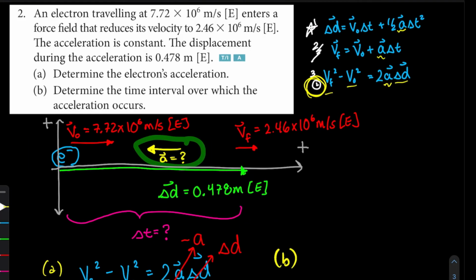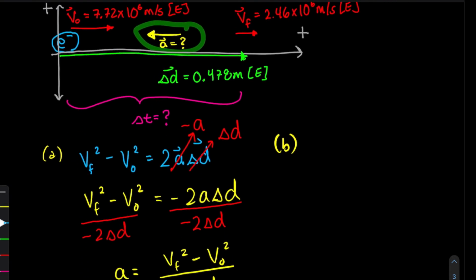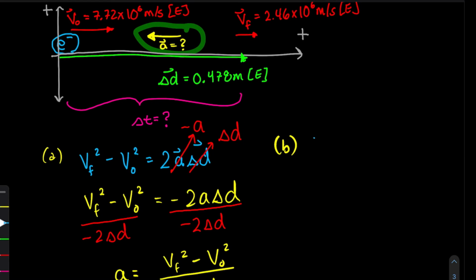And part B is asking us to find the time interval. Now we look at the equations of motion, and since now we found the acceleration, we can use either equation 1 or 2, and it's much easier to use equation 2. It will make the algebra less demanding, so we can use equation 2 now.